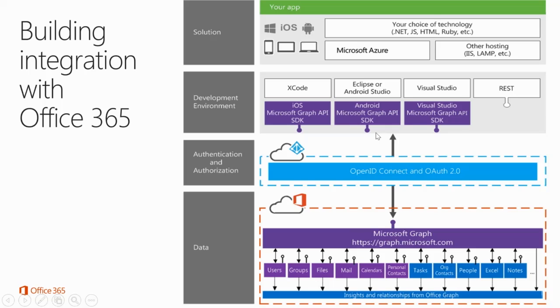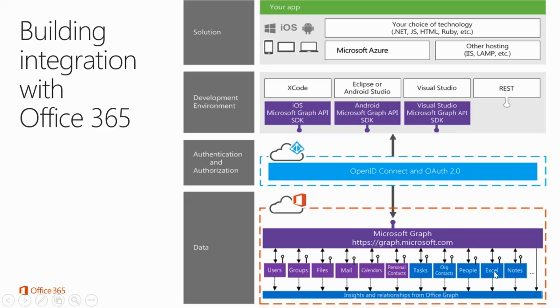For development, we have SDKs for what we call the Microsoft Graph, which is basically an entry point to all of the different objects and services that are sitting inside of the Office 365 environment. Whether you're accessing users, mail information, or calendar information. So if you want to schedule a meeting, you could use this Graph API.